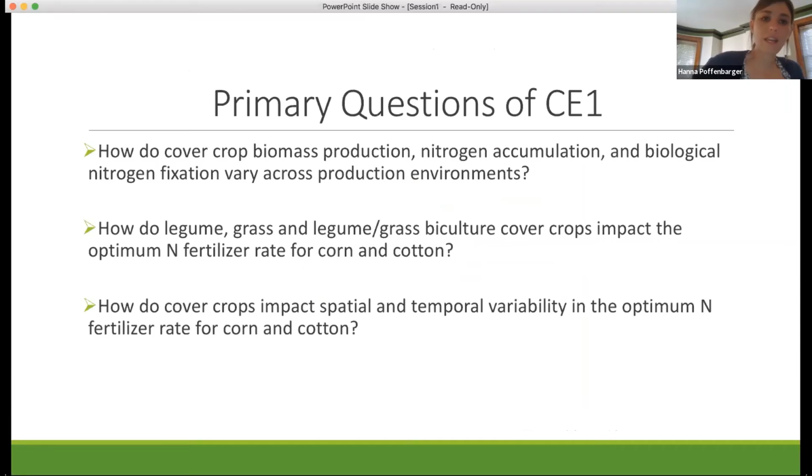Secondly, how do the legume, grass, and legume-grass bicultures impact optimum nitrogen fertilizer rate for corn and cotton? And then finally, related to that variability, not only how do the cover crops impact the average optimum N rate, but how do they affect variability in the optimum N rate among different locations and years?